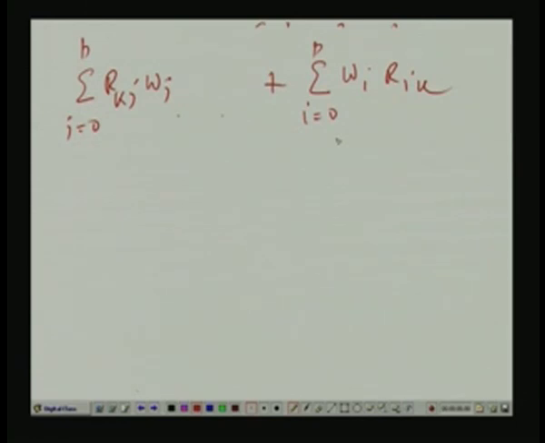Now, consider the two summations R k j and R i k. Firstly, permit me to replace j by i here, does not matter. So, it becomes R k i W i, that summation over i, and R k i because of symmetry is R i k because R is symmetric.